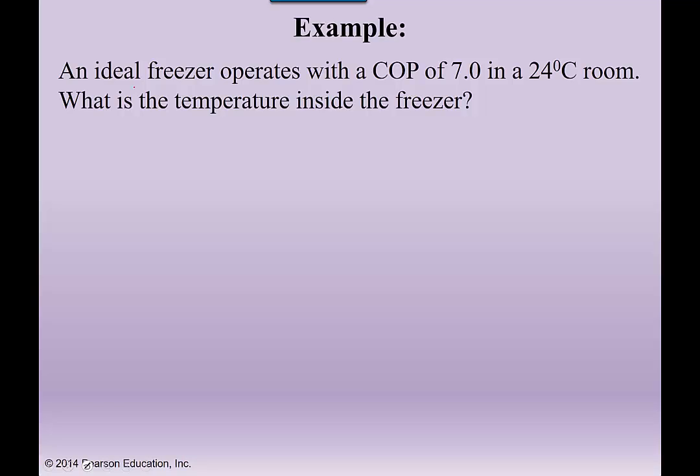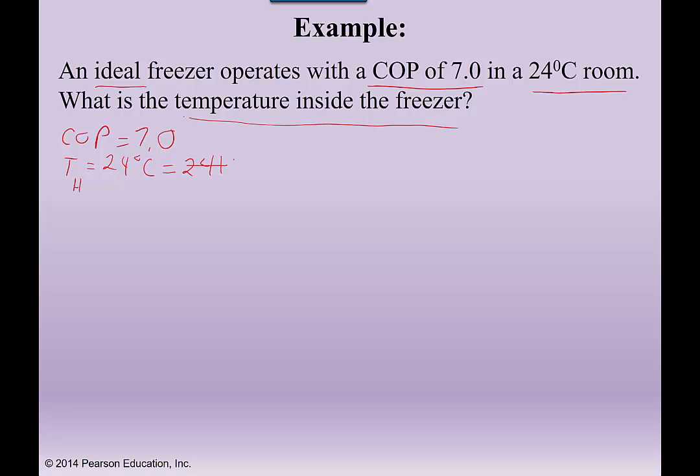We have an ideal freezer that operates with a COP of 7.0 in a 24 degrees Celsius room. I want to know what is the temperature inside the freezer. So I know that this has something to do with COP. COP is 7.0. I know that the high temperature is 24 degrees Celsius, but I need this to be in Kelvin.